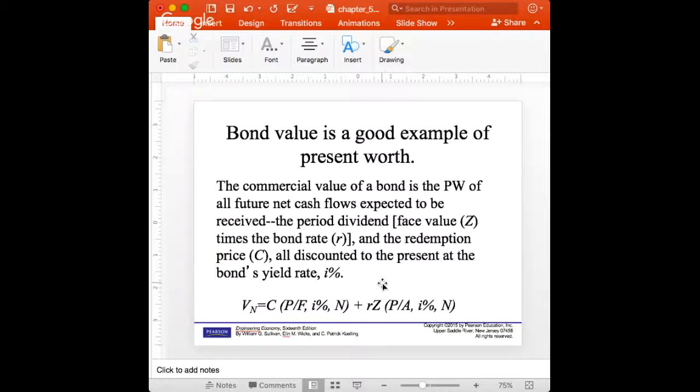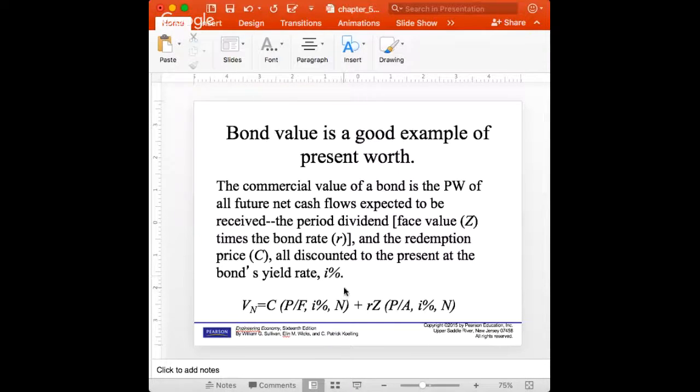And those future net cash flows are the periodic dividend, that's the face value Z times the bond rate R, and the redemption price C, which might be Z. I know it's a little confusing right now. I'll discuss that more in a minute. All discounted to the present at the bond's yield rate. So this is something new here, the yield rate.